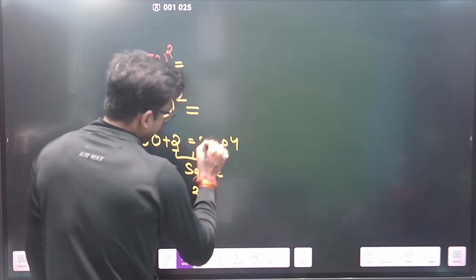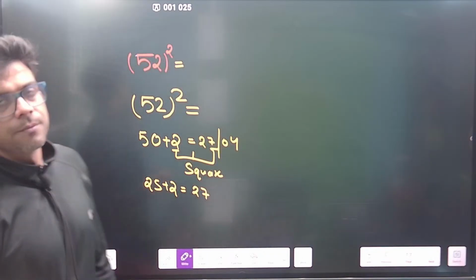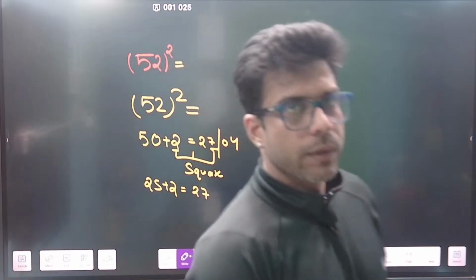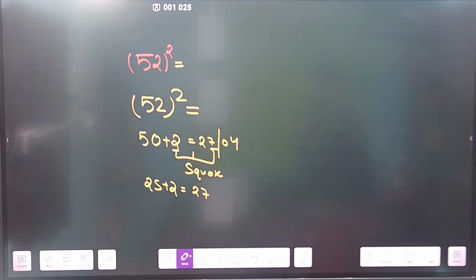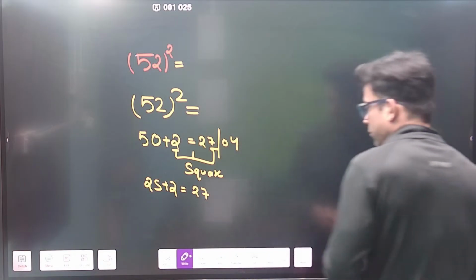Write down 27 over here. So basically the answer is 2704. Correct? Small method, a very good method. I would say a small method, just to understand. This is a very small method, okay?